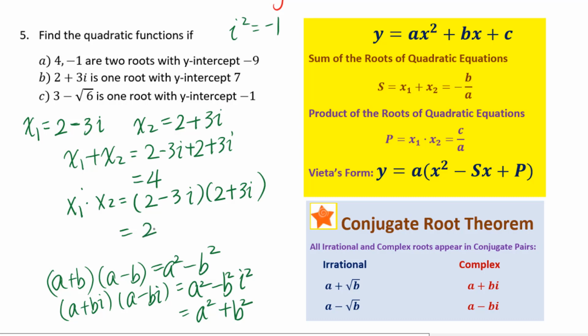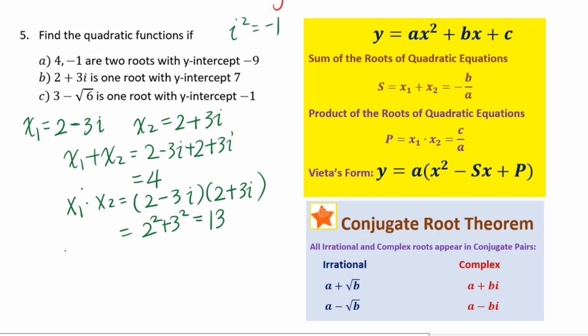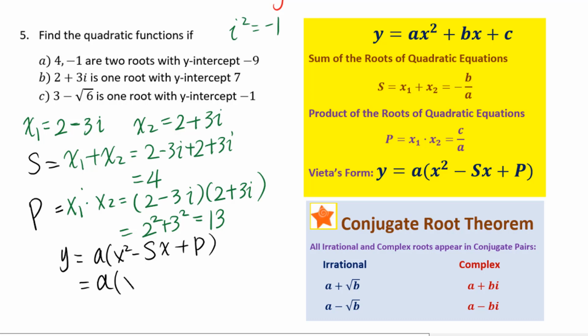Therefore, we get 2 squared plus 3 squared equals 13. Then we go to the form y equals a times (x squared minus sx plus p). This is the sum of the roots, and this is the product of the roots. Then we substitute. You will get a times (x squared minus 4x plus 13).